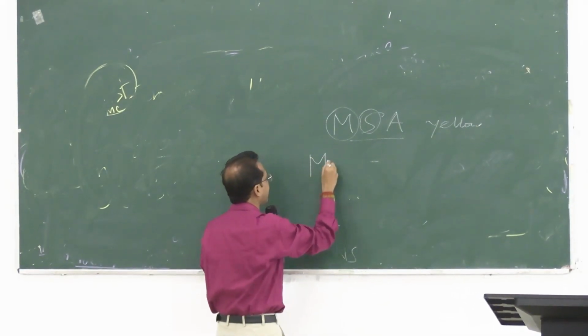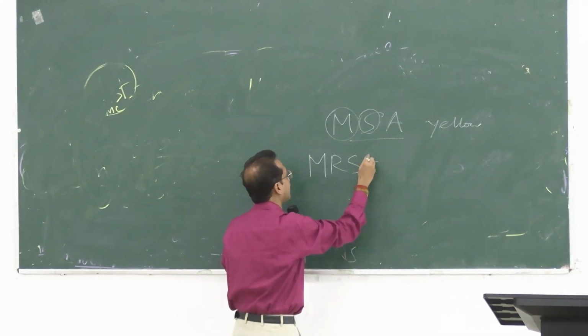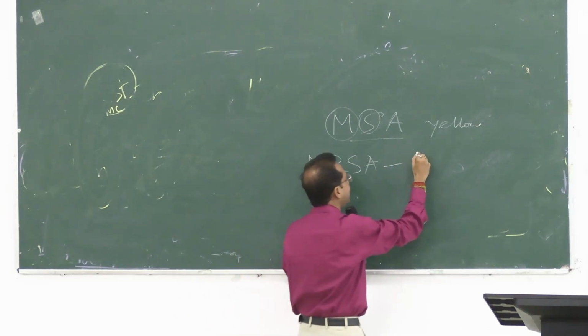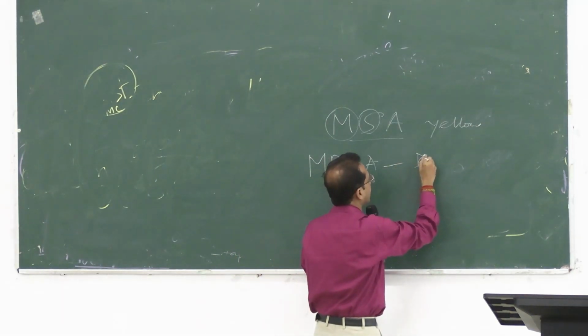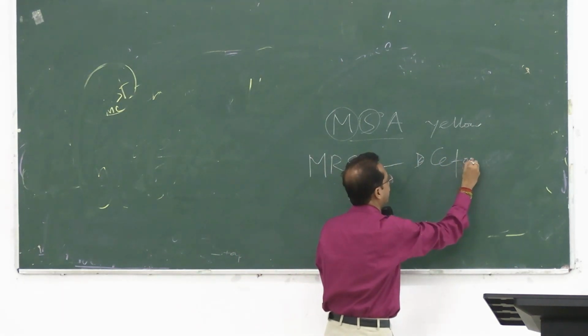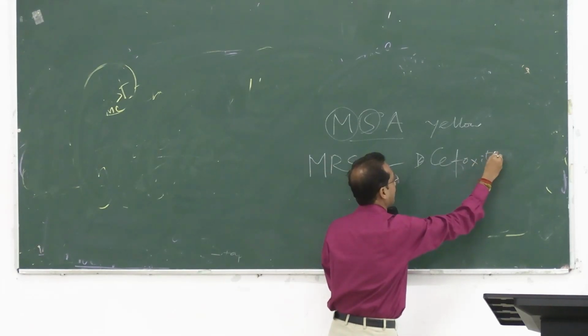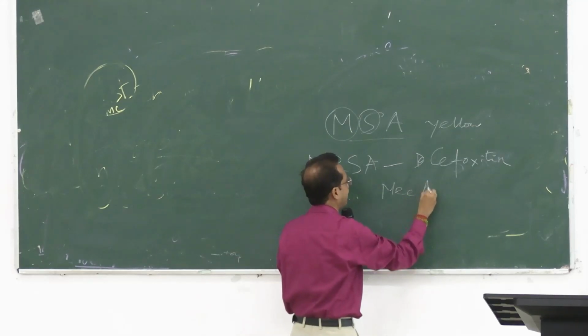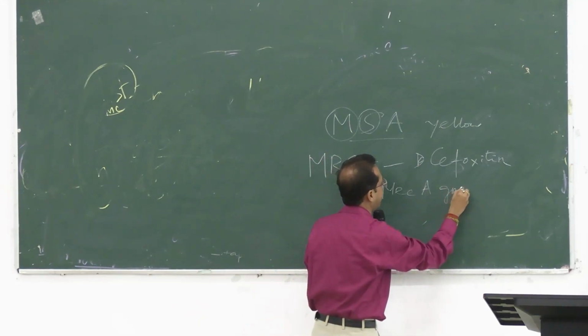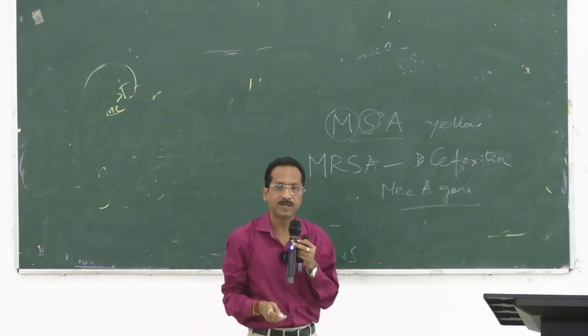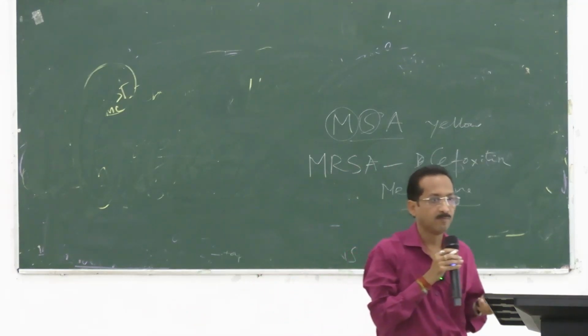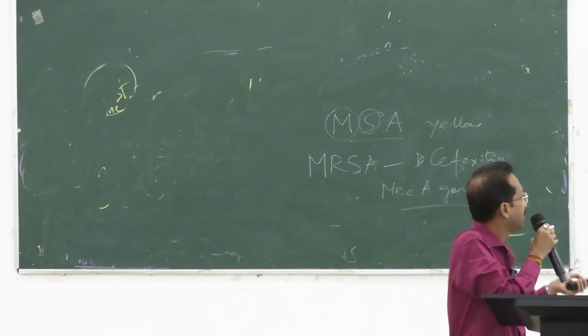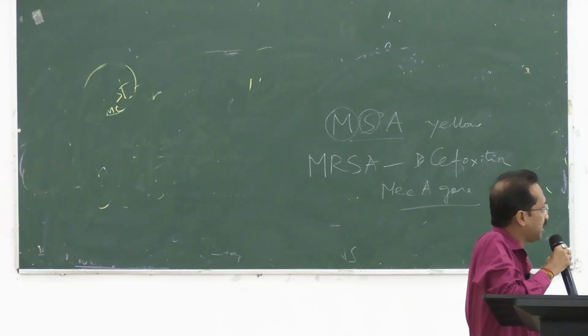MRSA, how will you check? Either in disc diffusion, you use cefoxitin, or the mecA gene. So these are the 2 points. MRSA may come separately as a short note.